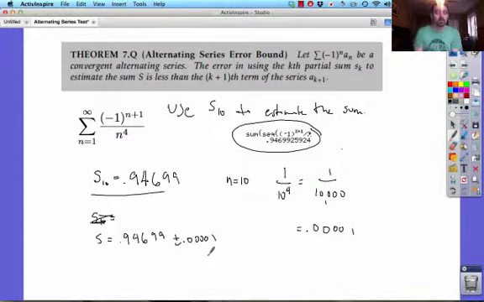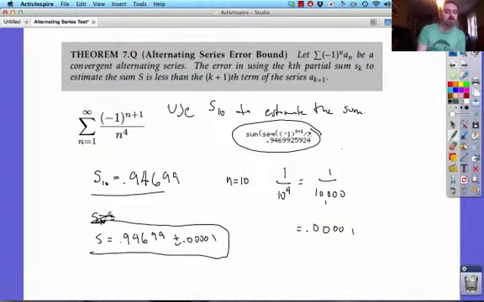We know, in a certain sense, that the sum is 0.9469 something, or I suppose it could be 0.946, because that could have been rounded up. But in any case, we can only be off by 1/10,000th. That's what the alternating series test does for us. It gives us an easy way to find the error bound.